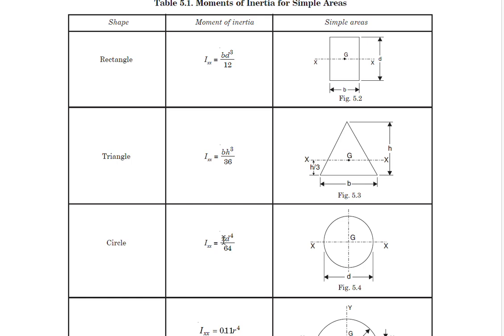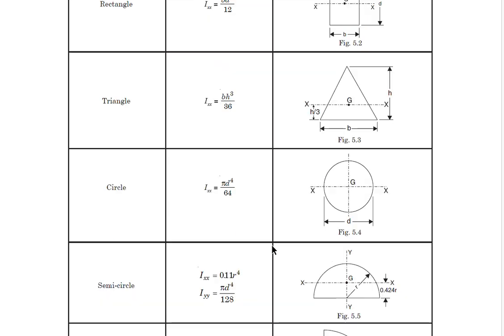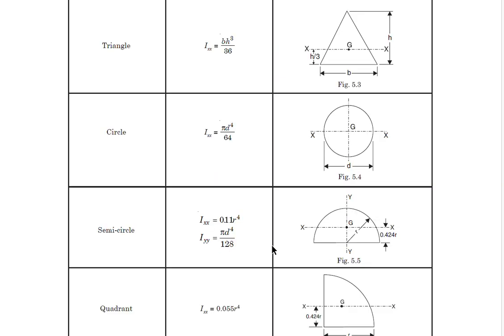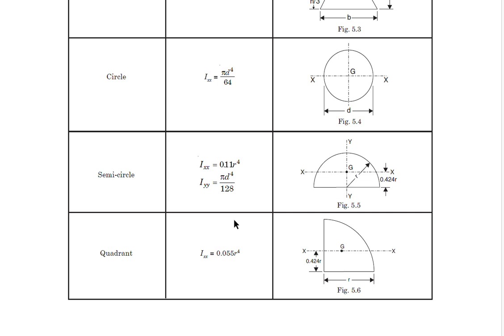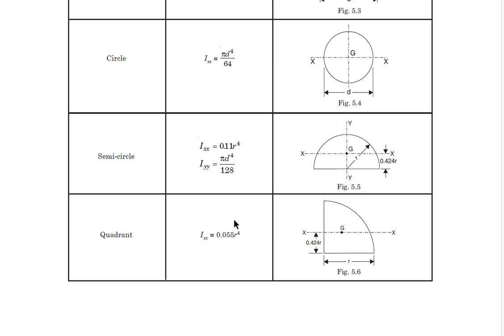And for a circle, it is pi D raised to power 4 divided by 64. And this is for a semicircle, which is typically half of this in the y direction, and in the x direction also it is given. But if you don't want to remember this for the semicircle, that is perfectly fine, no problem.